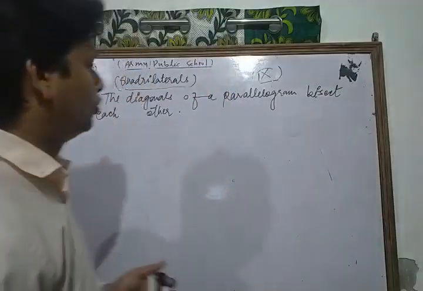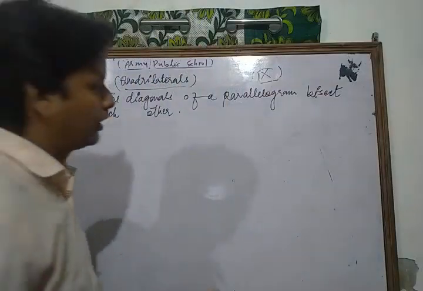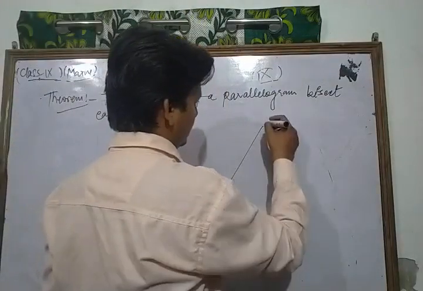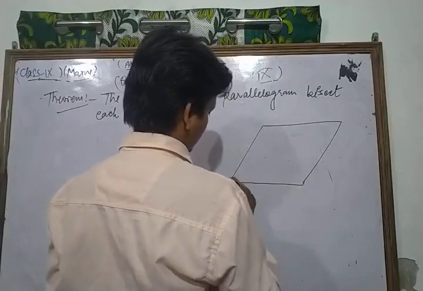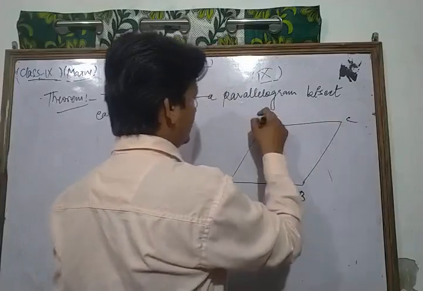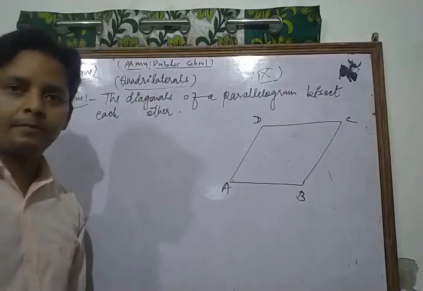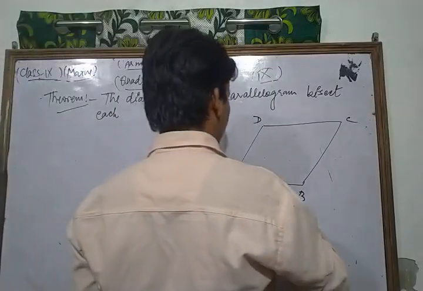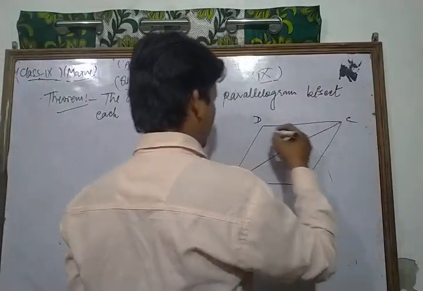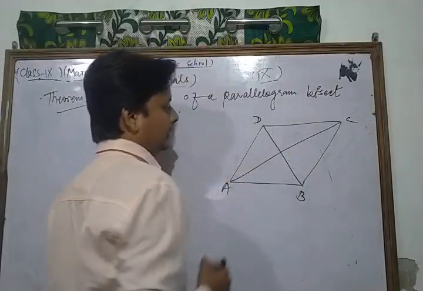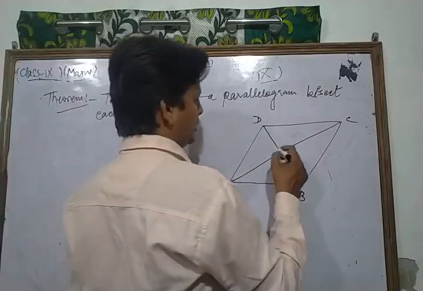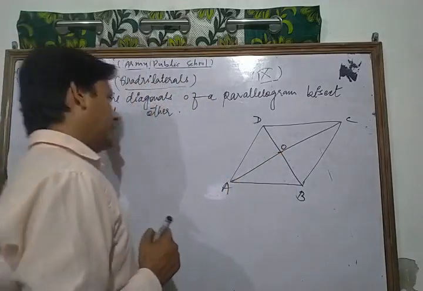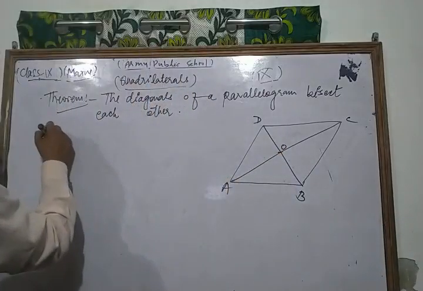First of all, we draw a parallelogram. This is ABCD, a parallelogram, and we join its diagonals AC and BD, and let the diagonals of ABCD intersect each other at point O. First of all we write given.